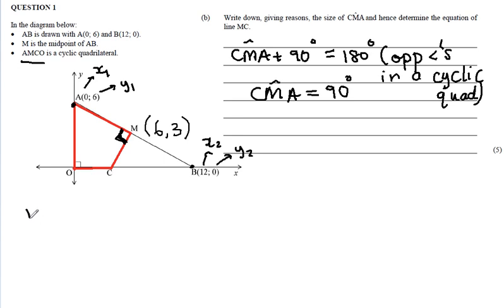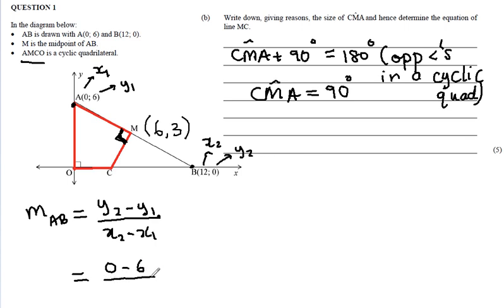So now we will calculate the gradient of line AB, and that's going to be y2 minus y1 over x2 minus x1. That's going to give me y2 is 0 minus y1 is 6, all over x2 is 12 minus x1 is 0, and that's going to give me -1/2.